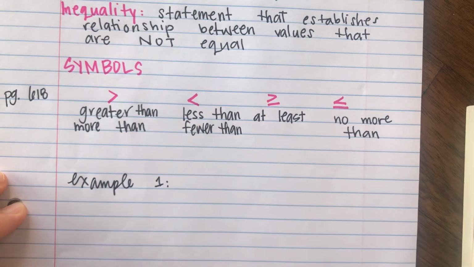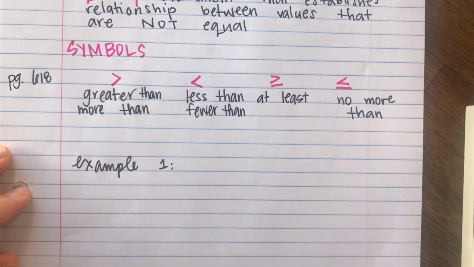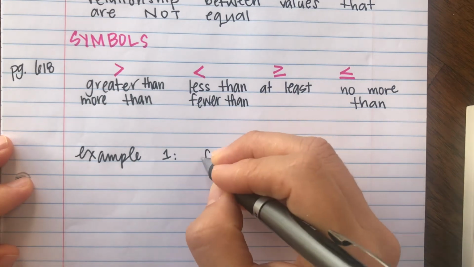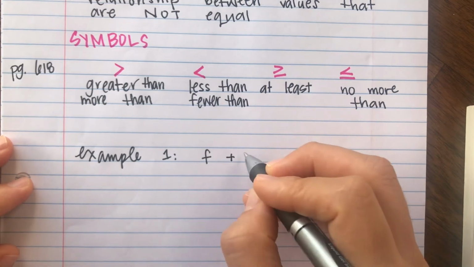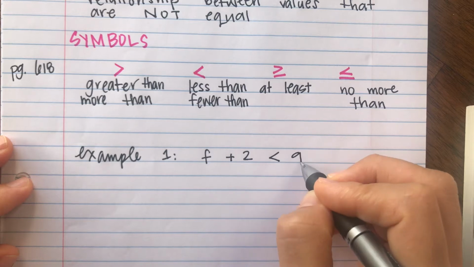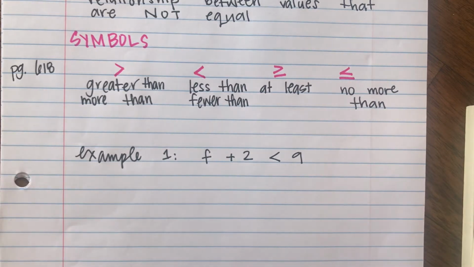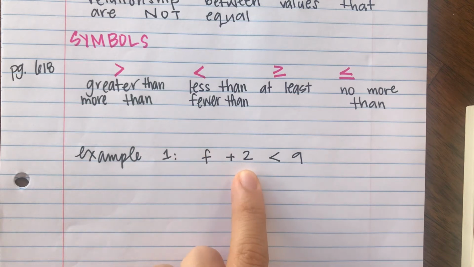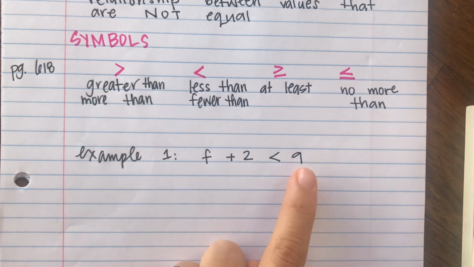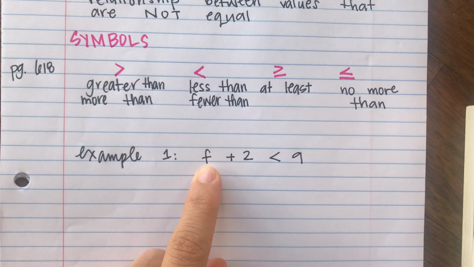The question is, of the numbers 6, 7, or 8, which is a solution of the inequality f plus 2 is less than 9. So the question here really, guys, is whatever f is plus 2 has to be less than 9. It cannot be 9.